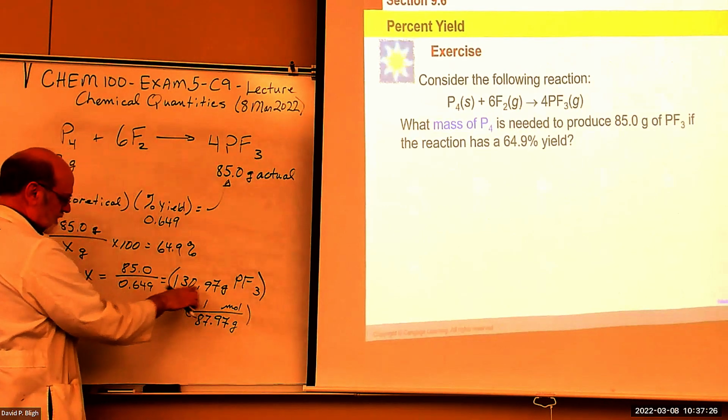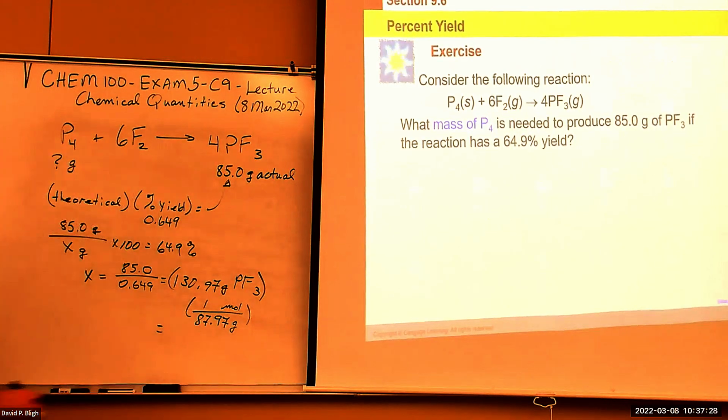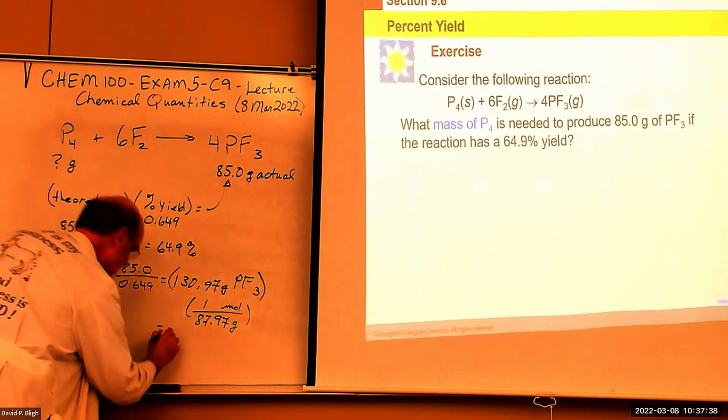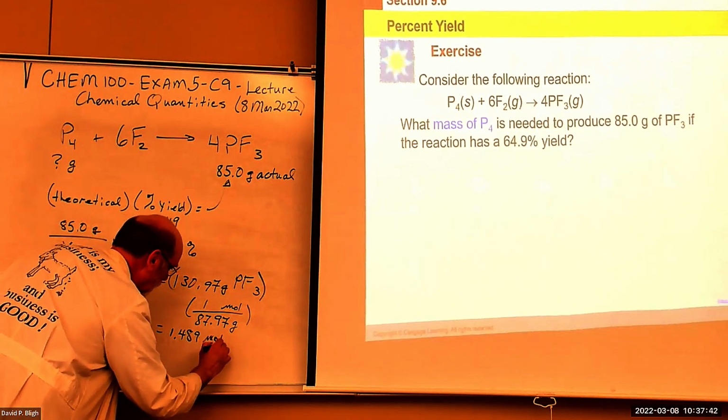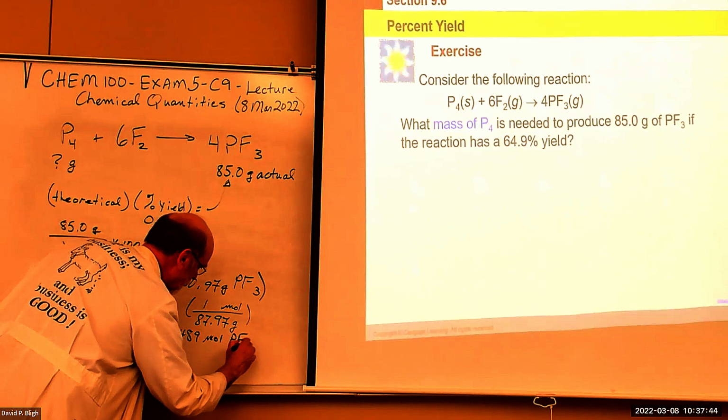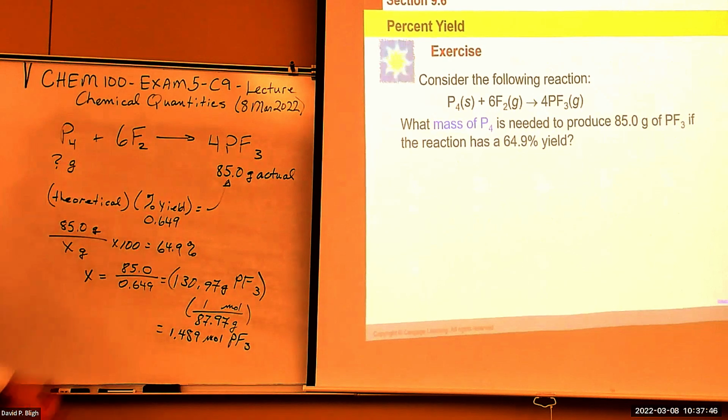Okay, divide this into this. Okay, and I get 1.489 moles of PF3. Then we convert that to moles here.